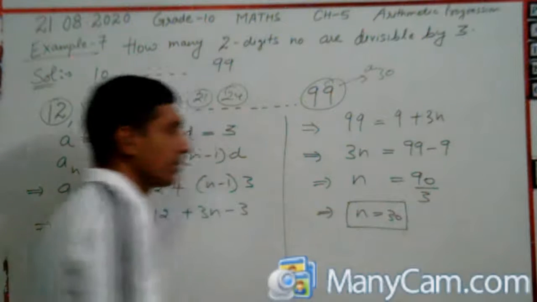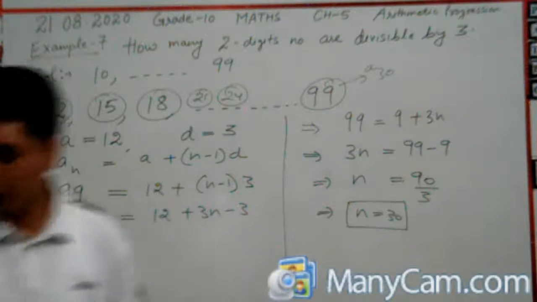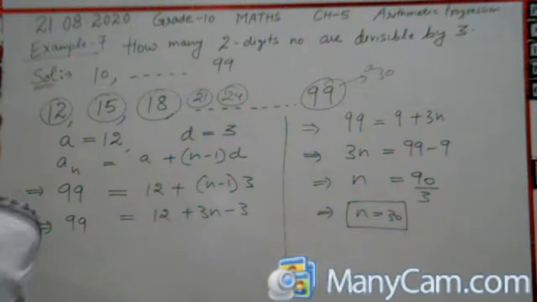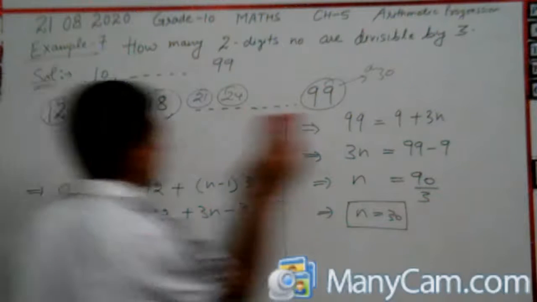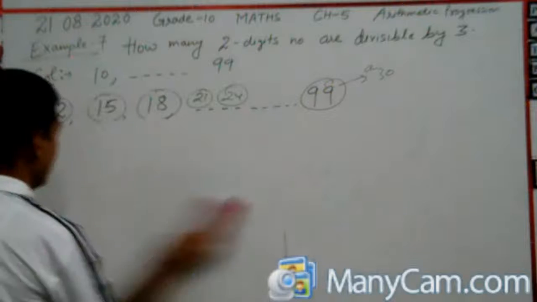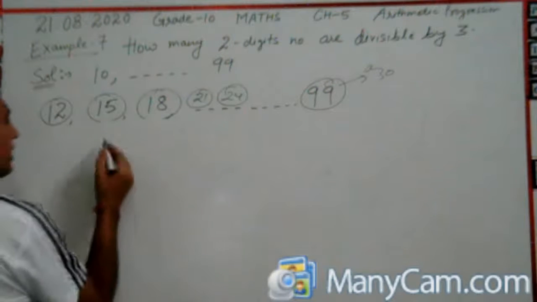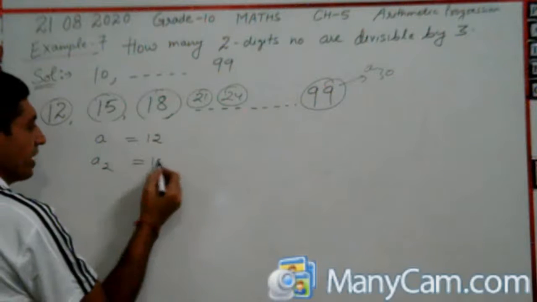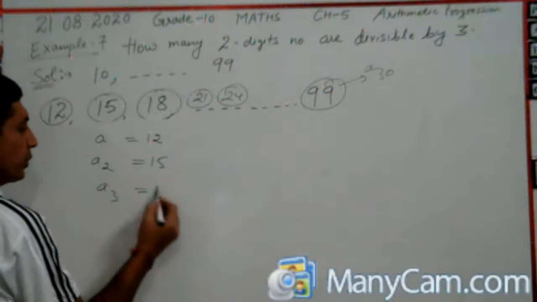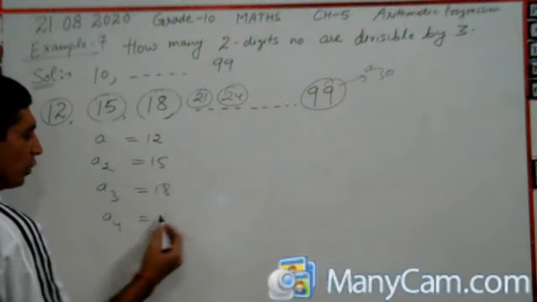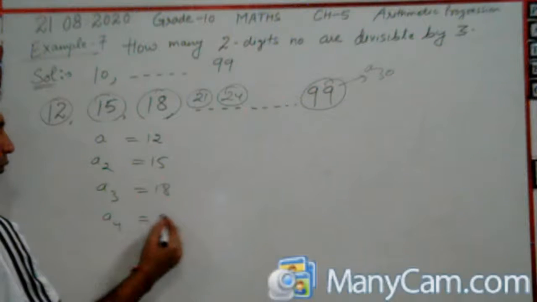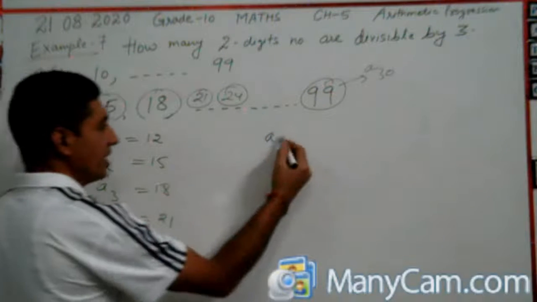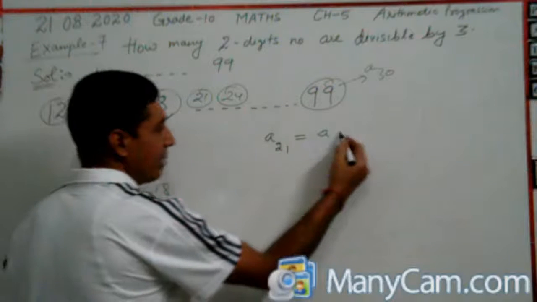A30 will be, or again for your convenience, let me discuss how it is. The first term is 12, A2 is equal to 15, A3 is equal to 18, A4 is equal to 21. If I have to find A21, it is a plus 20d.